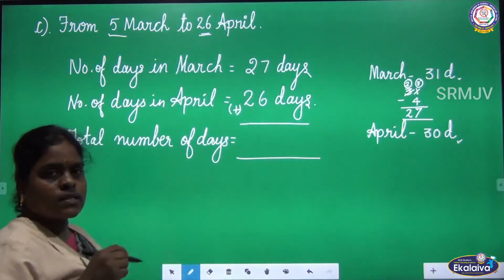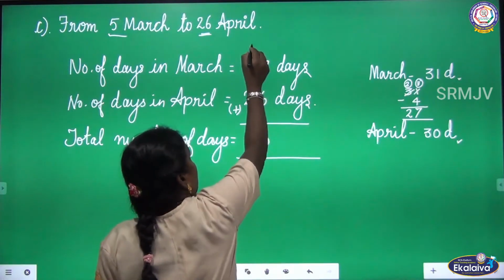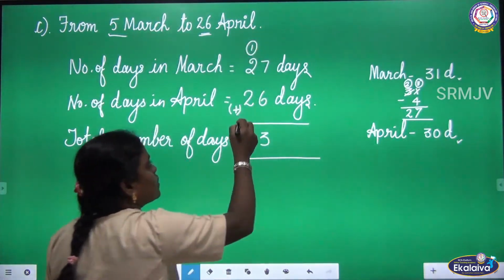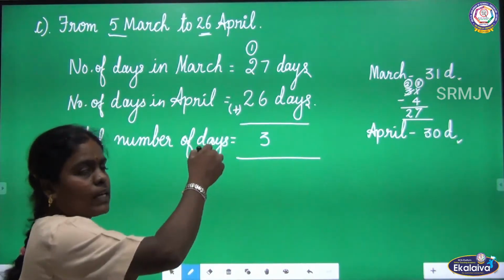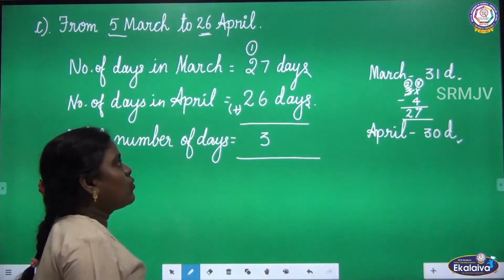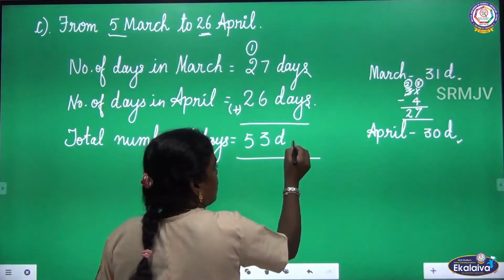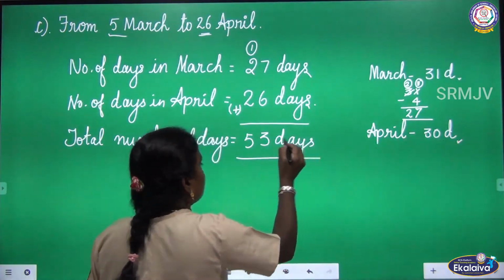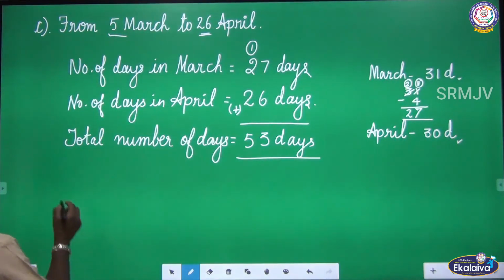7 plus 6, it is 13. Write 3 and 1 carry over. Now add these numbers. 1 plus 2, 3. 3 plus 2, 5. So there are 53 days in between 5th March to 26th April.